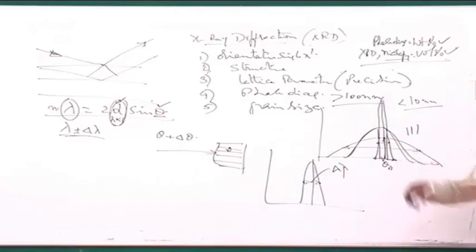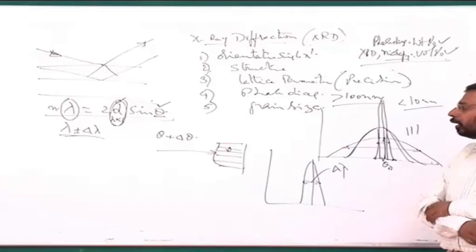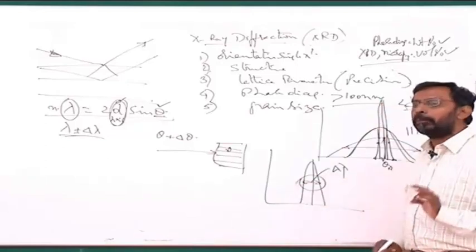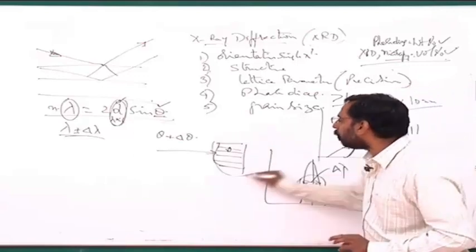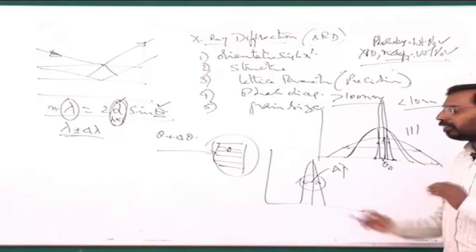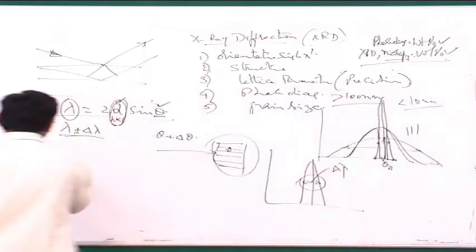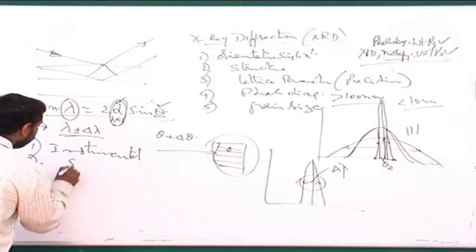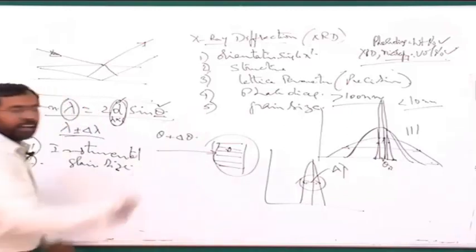If you are not working at room temperature, for example at high temperature, there is a possibility of some broadening coming. There are so many factors, but these are all called instrumental broadening basically because it is not your sample which is giving this; it is something else. So the first thing is instrumental broadening. The second contribution is grain size, which we just now saw, fine grain size.